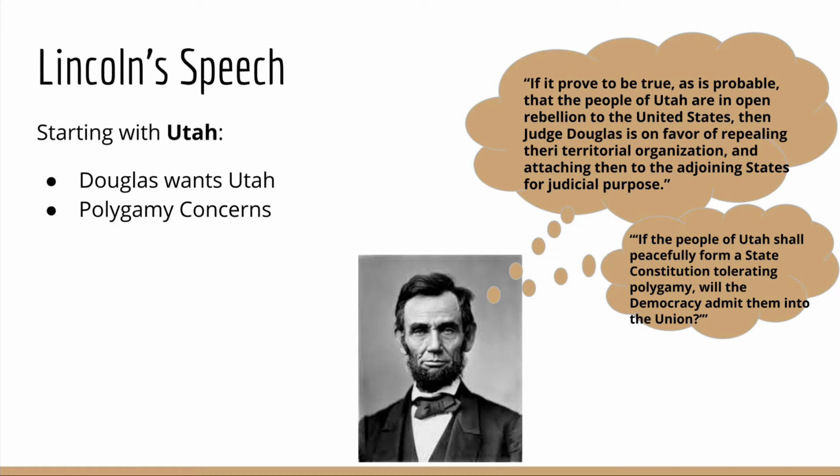Lincoln says that democracy will pay for the addition of Utah. Lincoln then goes on to say, "If the people of Utah shall peacefully form a state constitution tolerating polygamy, will the democracy admit them into the Union?"